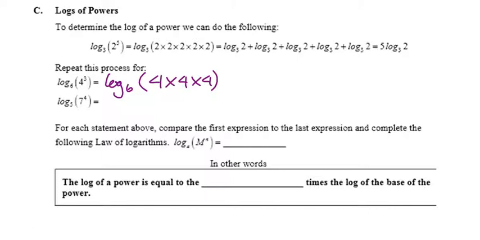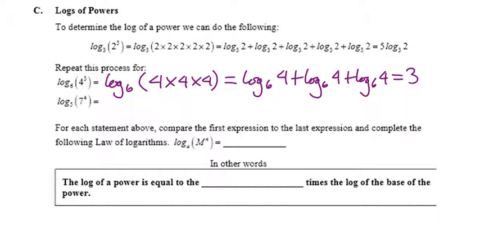So when you say, oh, I've got a product, and I look at my log sheet and say, what do I do with product? Oh, right, I add them up, right? And the bases stay the same, but I add them up. And then I've got 3 of them, right? So 1, 2, 3, so it becomes 3 times log base 6 of 4.